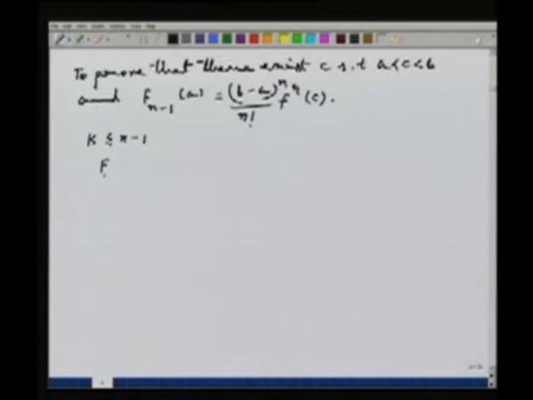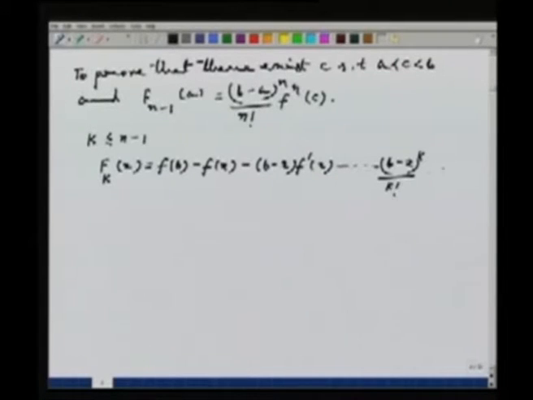I define F_k at x equals f(b) minus f(x) minus (b minus x) into f prime(x) and so on up to my last term, which is (b minus x) to the power k by factorial k into f^(k)(x). Among this class of functions, F_(n-1), I have already told you what it is.